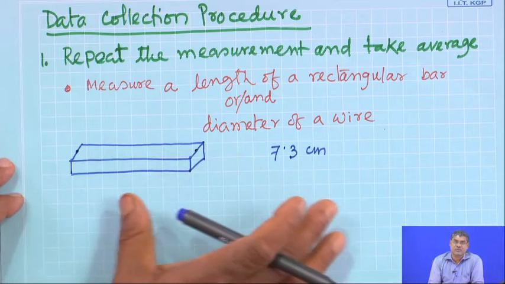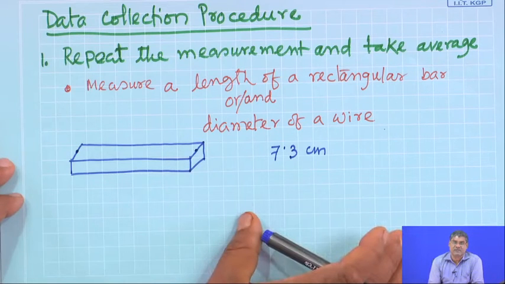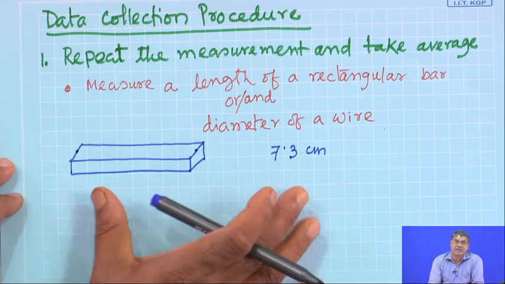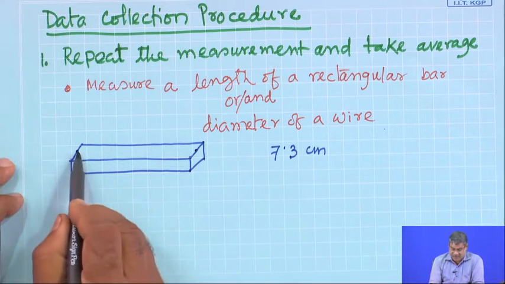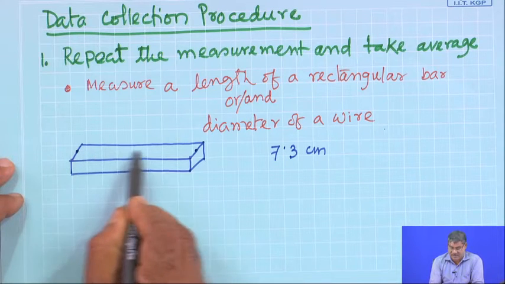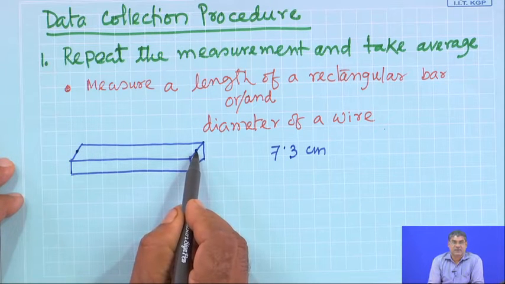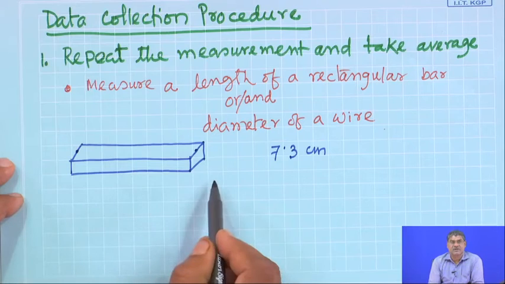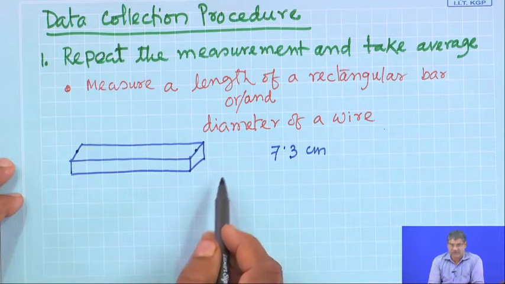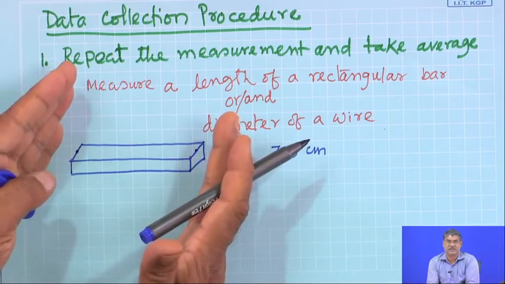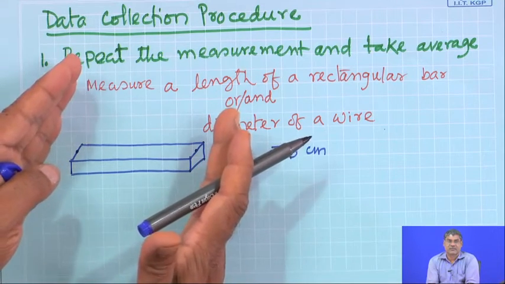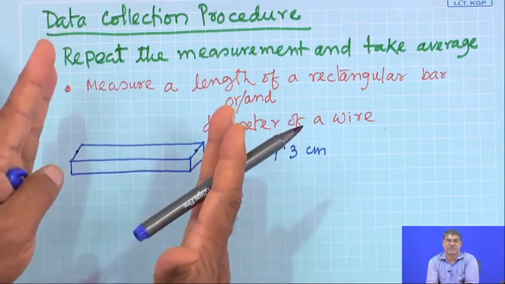Measuring once would seem sufficient, but the logic of repeating the measurement is that you have taken the measurement on this edge, this surface, and you should check the other surface, because these two faces may not be perfectly parallel.